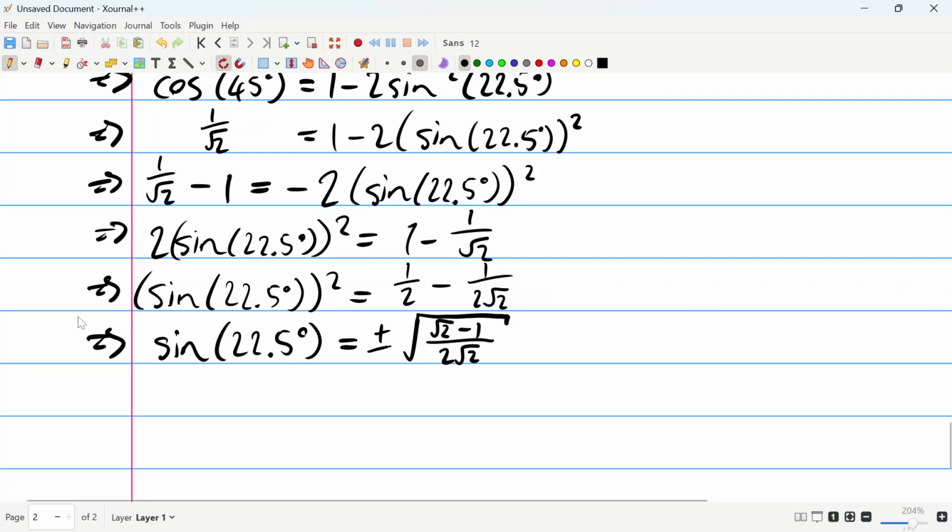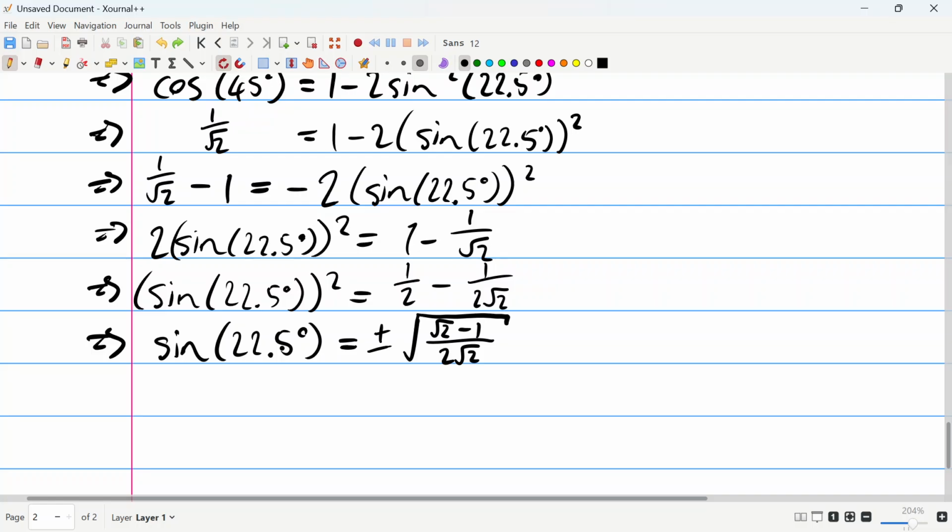Okay, now, here's the thing. Are we going to choose the positive or the negative? Think about this, right? Sine of 22.5 degrees. 22.5 degrees is in which quadrant? It's in the first quadrant. And we know that in the first quadrant, everything is positive. Therefore, the answer here has to be positive.